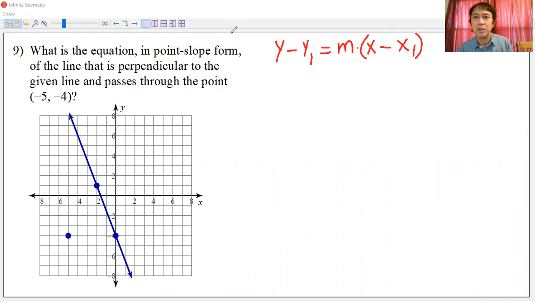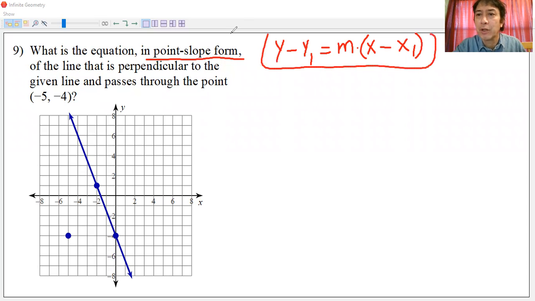This is what you call the point slope form, where the point x1 and y1 are numbers, and the m is another number. The x and y remain letters. That's what you call point slope form.